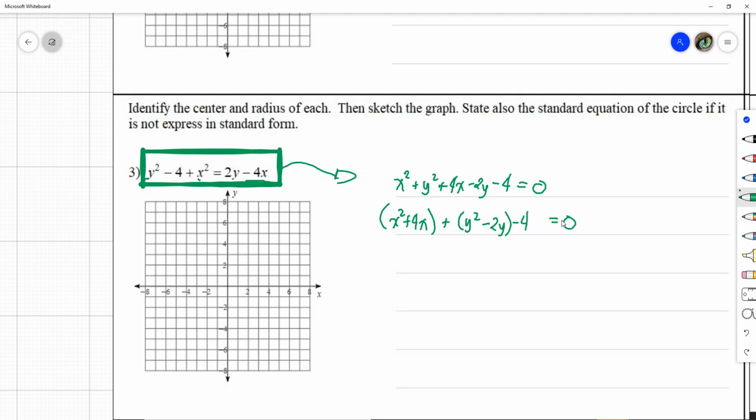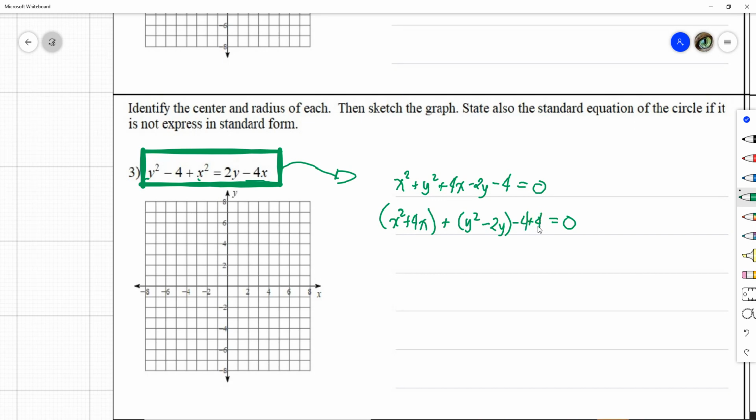Now remember that on the left side of the equation, in the standard form of the equation of the circle, there would be no constant term. Therefore, we have to make this negative 4 zero. To make this one 0, we have to add 4.